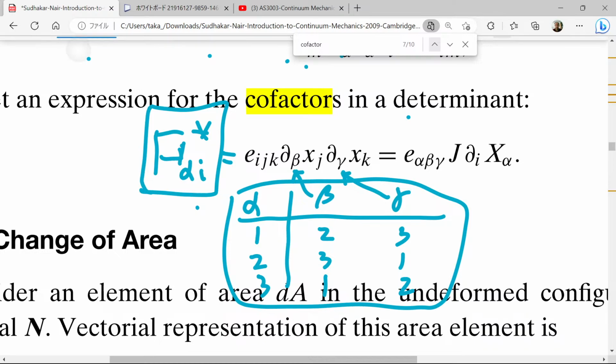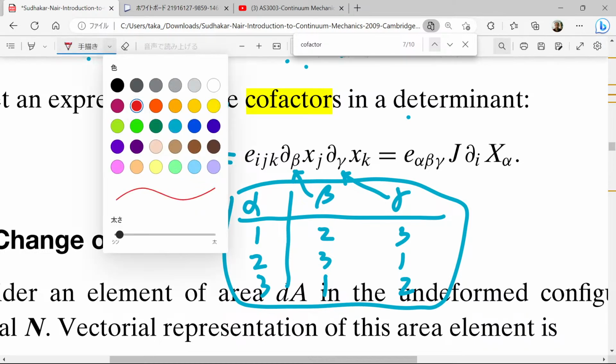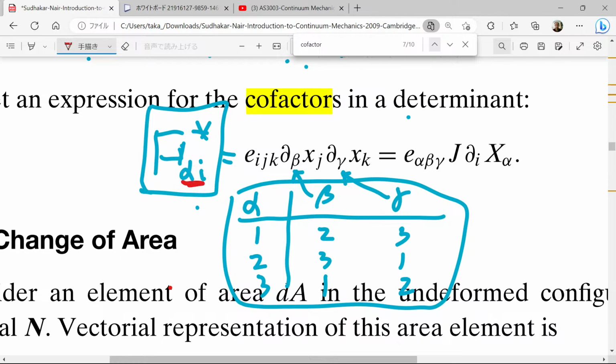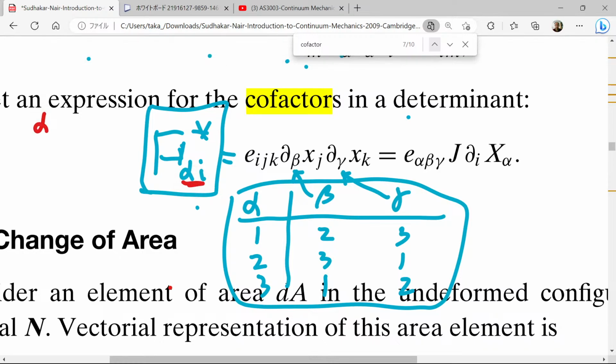So for this index, you can choose anything for alpha I, something like this.